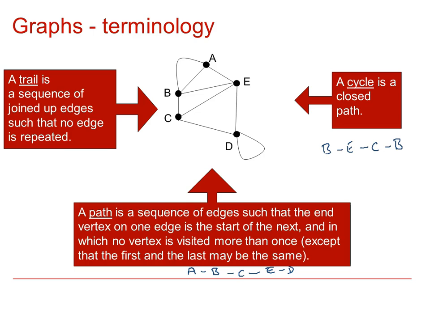So for example, we could go from A to B to C to E to B, and then back to A using the other loop. And there you'll see that we've repeated the vertex B, but the edges have not been repeated. So the path, we would have no vertex visited more than once, but a trail, that is allowed.